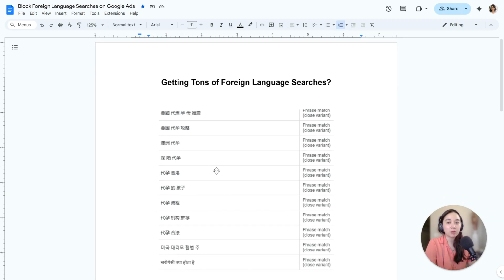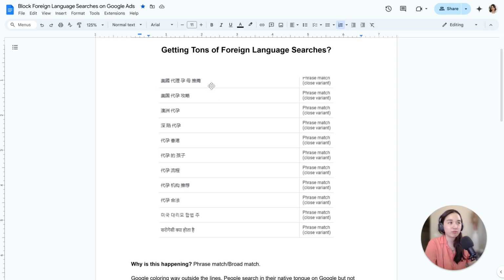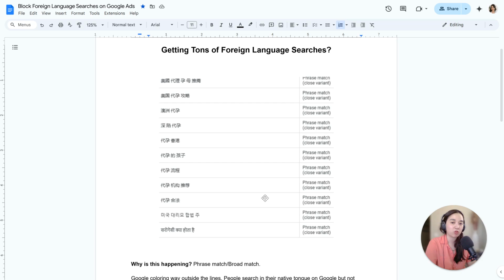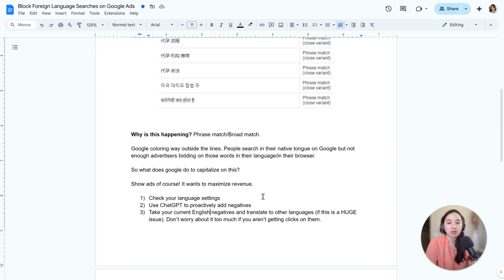But in my personal experience running ads and seeing foreign languages appear, I rarely ever see them convert. Maybe only in Spanish and on very, very limited types of campaigns. So if this is not what you're intending in terms of matching up to other foreign languages and you don't want your ads to appear for them, those are my best tips.